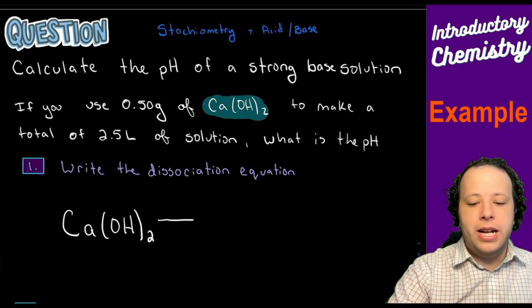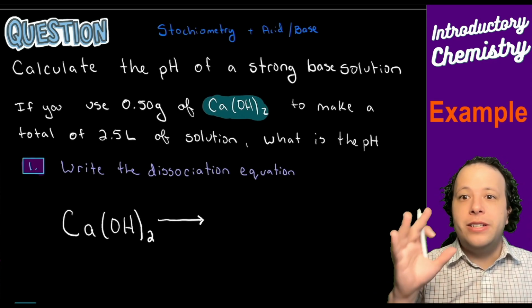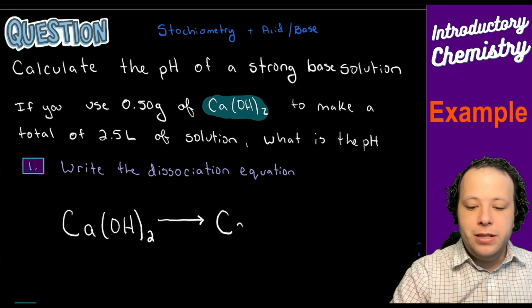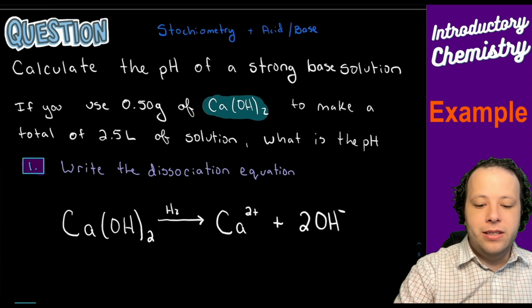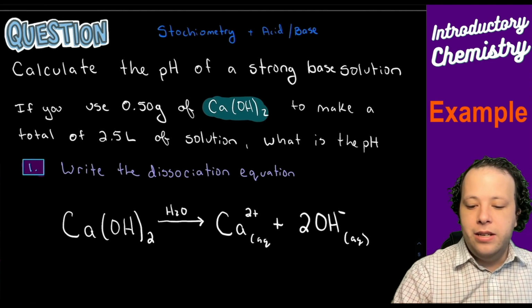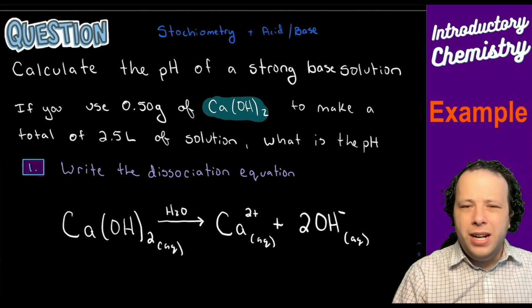So let's write how this is going to dissociate because we want to know how much hydroxide there is in solution. If this breaks apart, we have 1 calcium ion and 2 hydroxide ions in solution, right? Both of these are in their aqueous state and they are dissolving. Well, now why is that important?